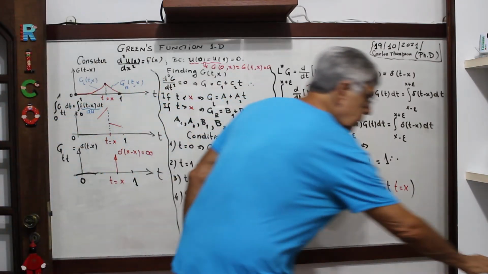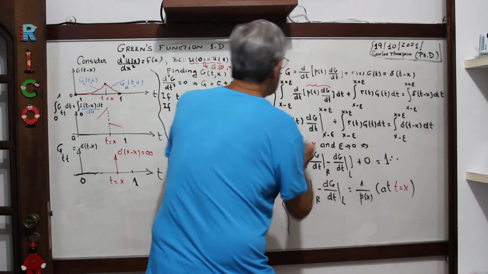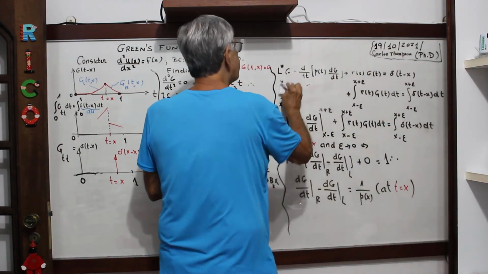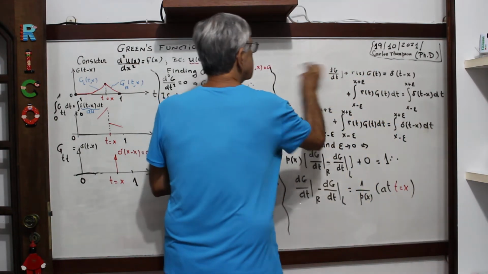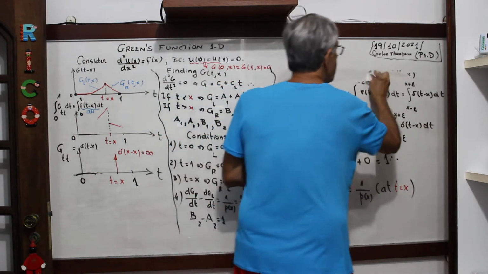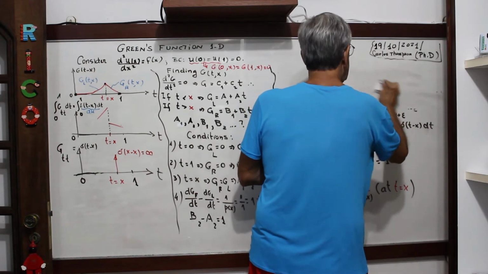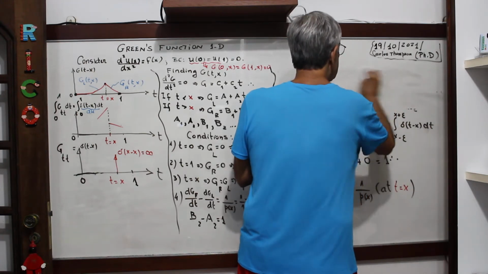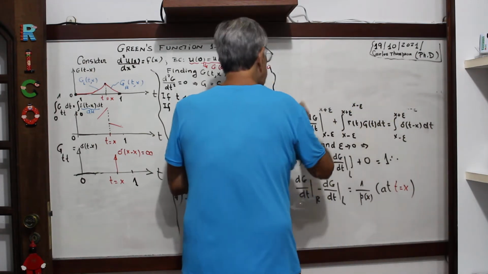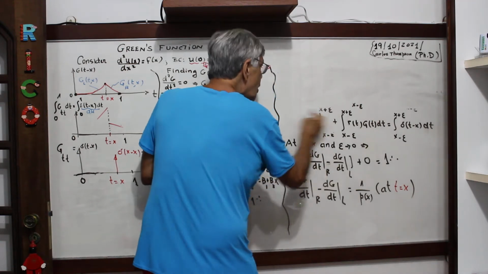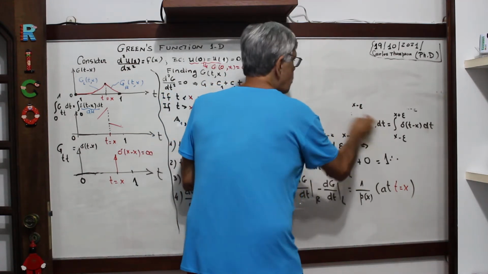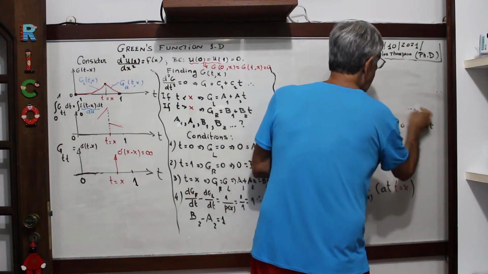Now I will erase this here. I just left it for you to understand that I will have 4 conditions to find the 4 constants, because the coefficients are functions of x.